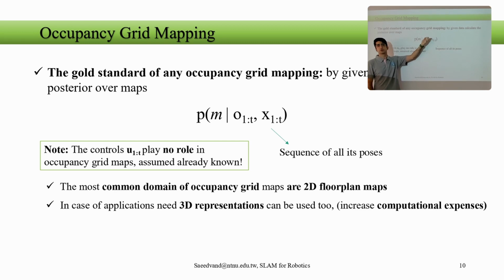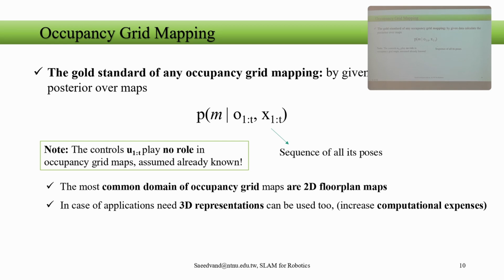Of course we used it already many times, but for localization, for example. We used it for EKF, UKF, different algorithms. But here today we have m here, not the pose. Previously we had the x here, or the robot pose, depending on what we were going to do. But now we have the map that we want to have as output by the observation series and the robot poses that can come from any algorithm.